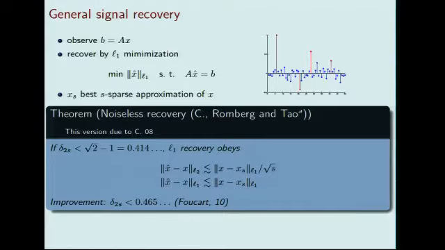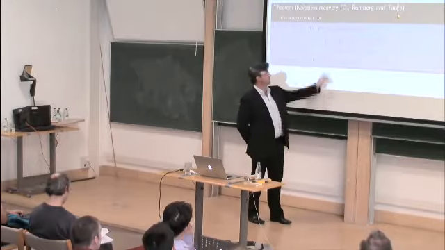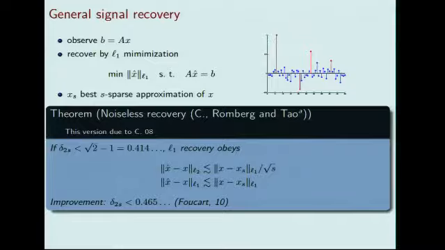And the result is of the same flavor as what we've seen this morning, and it's very simple to state. If the restricted isometry constant delta 2s is less than square root 2 minus 1, which is roughly 0.414, then L1 recovery works very, very well. And how well does it work? Well, for example, the distance in L1 between the recovered signal and the truth is within a constant of the distance between the truth and its best S-sparse approximation.